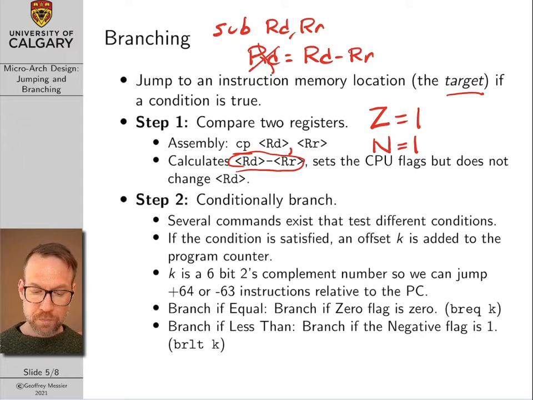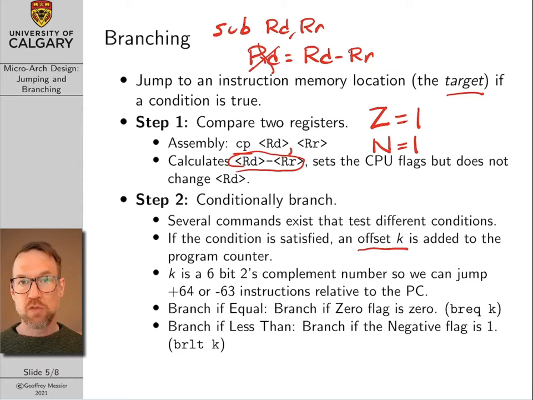Basically, while there are a variety of different branch commands, they all look the same. If the condition is satisfied, then rather than adding just 1 to the program counter to execute the next command in sequence, we add an offset k. And k can be a positive or negative number. It's a 2's complement number.